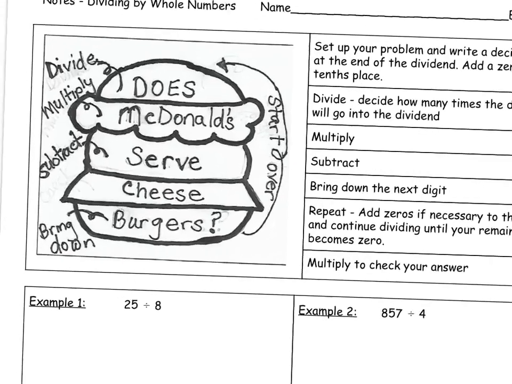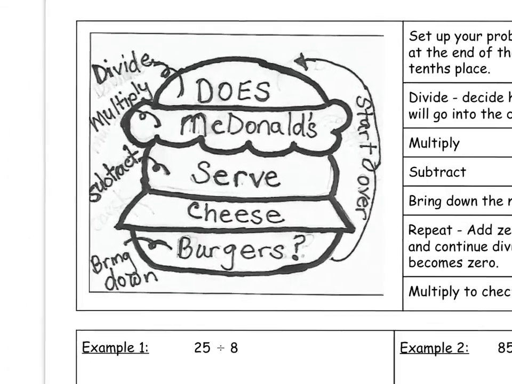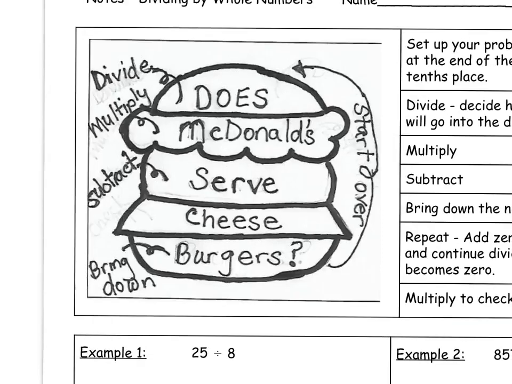There is a mnemonic device for remembering the steps of division. Our mnemonic device is, does McDonald's serve cheeseburgers? The "does" stands for divide, the "McDonald's" stands for multiply, the "serve" stands for subtract, and the "burger" stands for bring down.